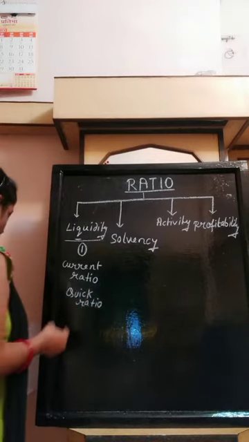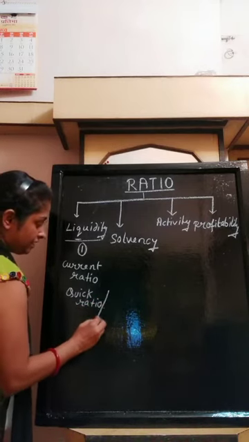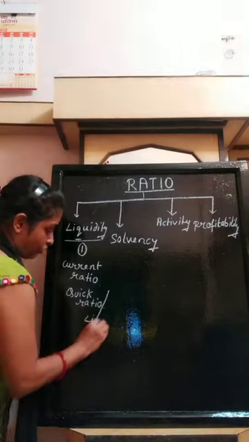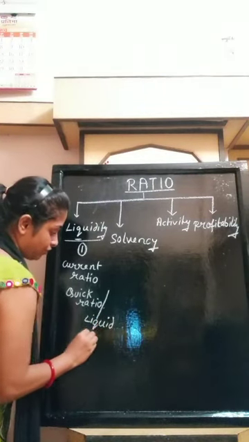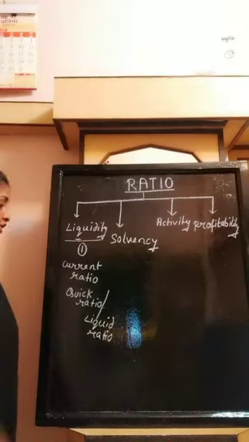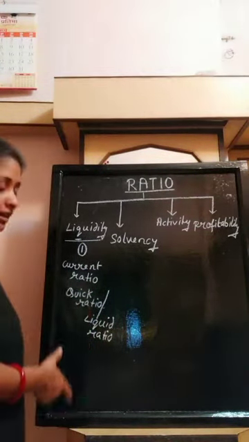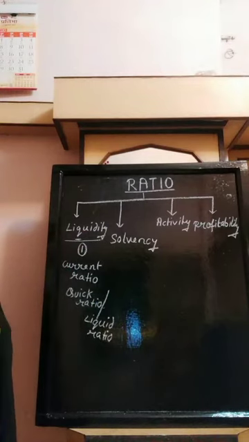Quick ratio can also be called liquid ratio. Other name of quick ratio is liquid ratio or acid test ratio. So these are the different types of liquidity ratio: current ratio, quick ratio or liquid ratio.